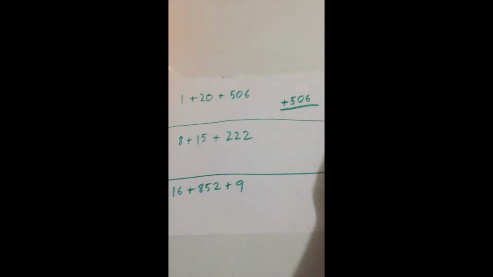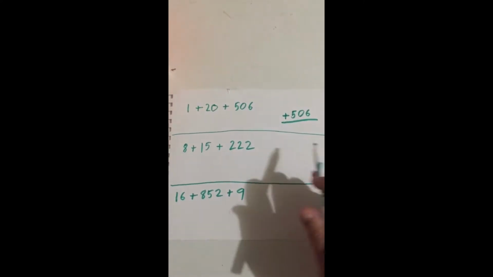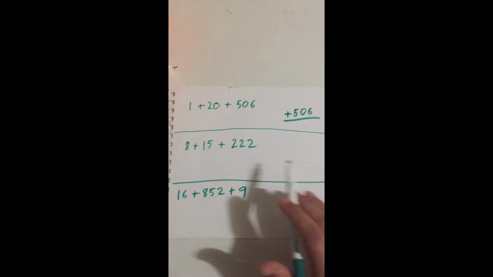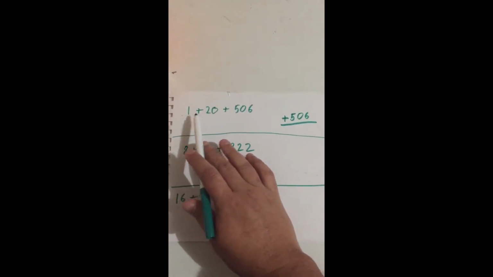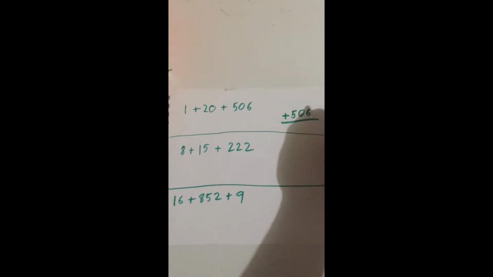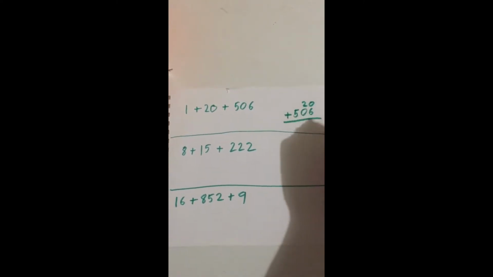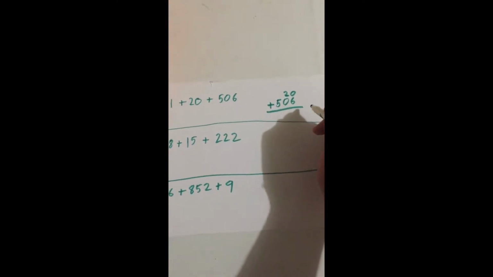So we're going to go ahead and write the 506 on our problem. Now, the next biggest number will go on top of that, right? So the 20 and the 1, which number is bigger? 20, right? So you'll write it on top of the 506, always keeping your numbers to the right, the right being this side over here, okay?